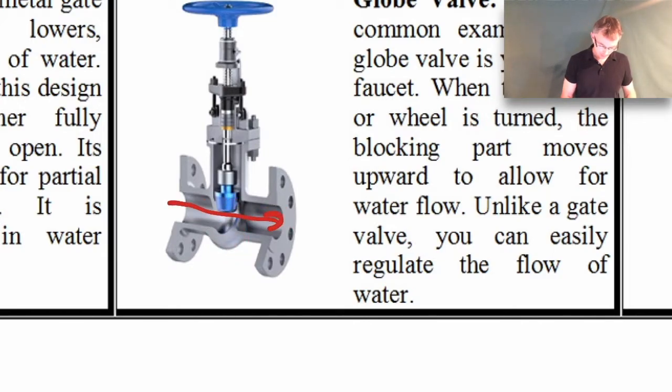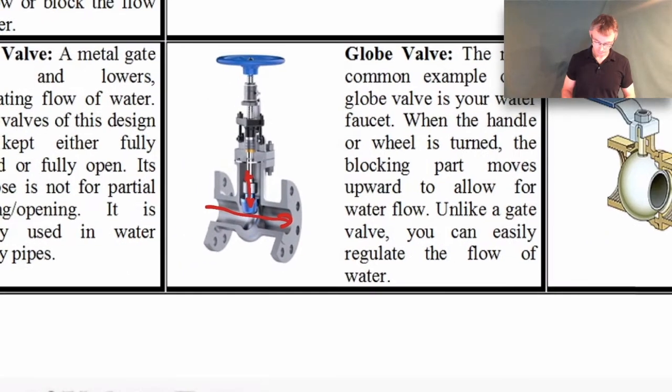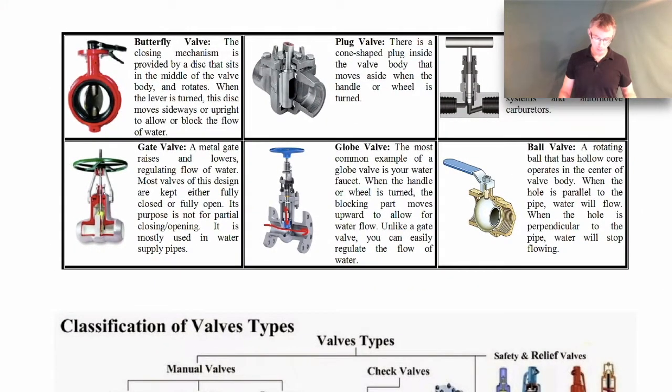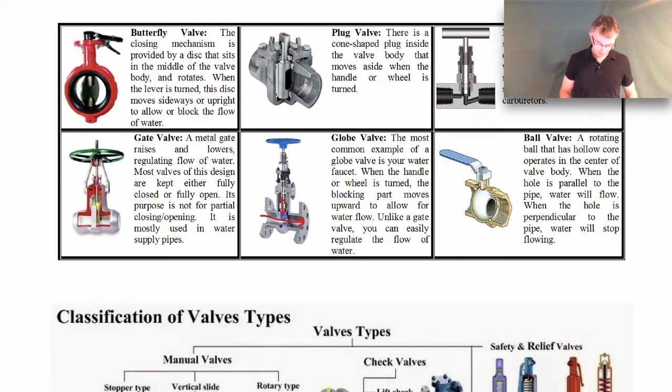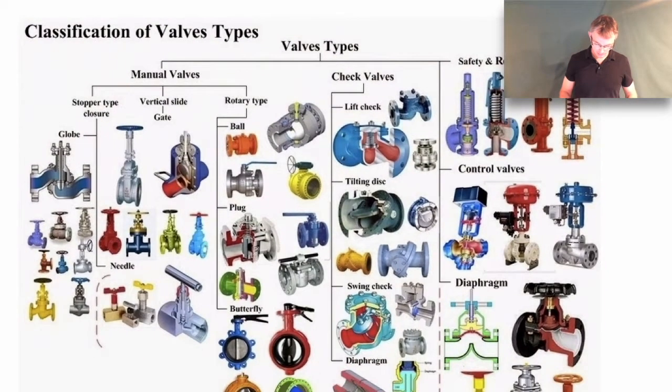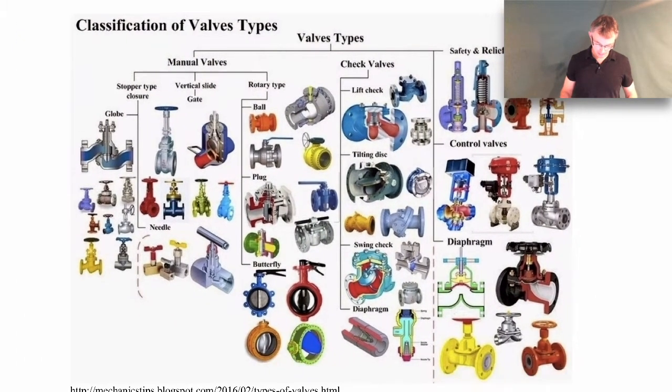So this thing would come up or down as you turn the valve, and it opens and closes the area through which the fluid would flow. If you want to know more about that, just take a look online. You'll see lots of pictures. They have animations and things like that. So those are different valves, and then here's a table showing many more different kinds of valves. There's a huge variety of minor loss components.